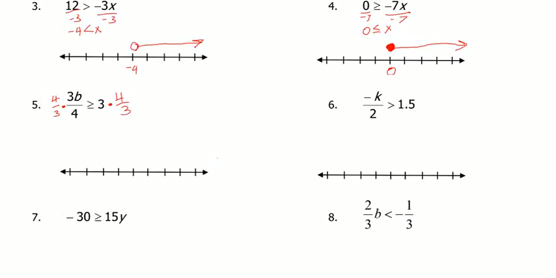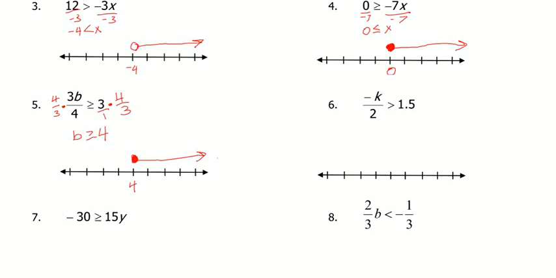That's going to give me b being greater than or equal to 3 times 4 is 12, 1 times 3 is 3. 12 divided by 3 is 4. So we're going to put a 4 in the middle with a dark dot above it, and b needs to be bigger than that. So we're going to go to the right. And there it is.